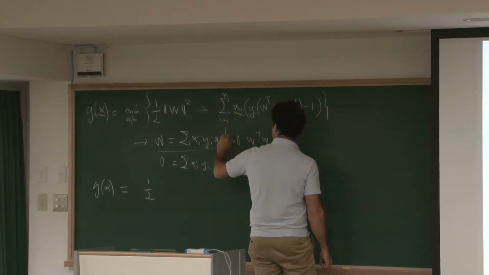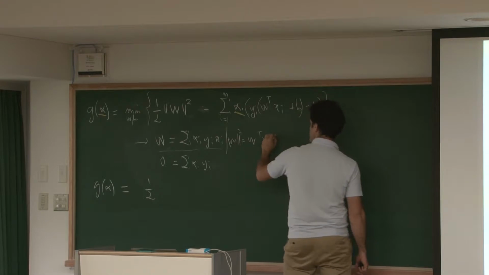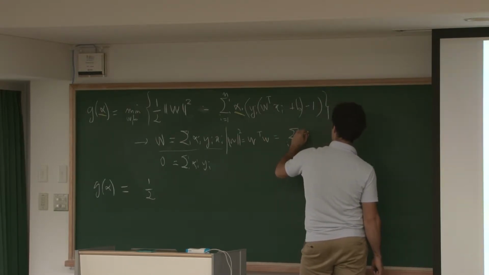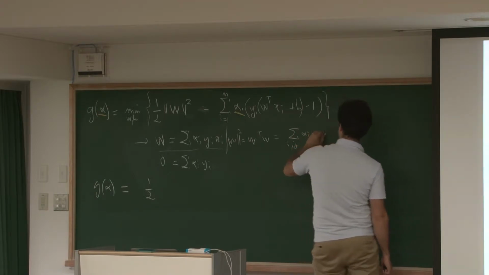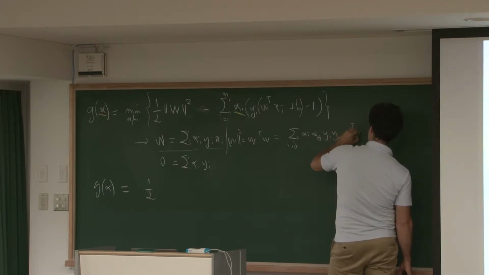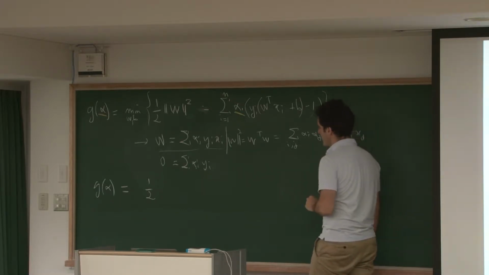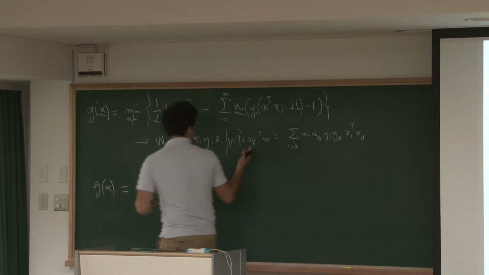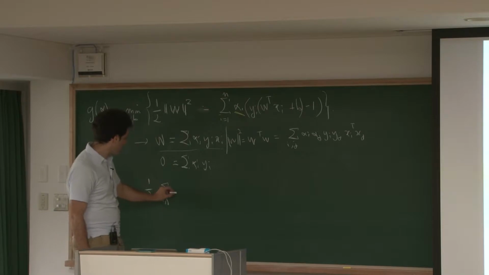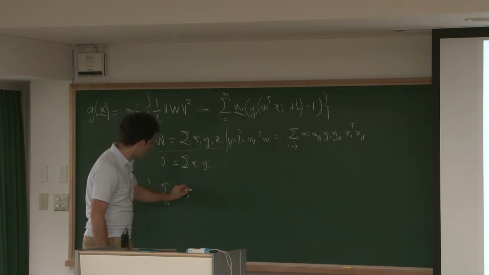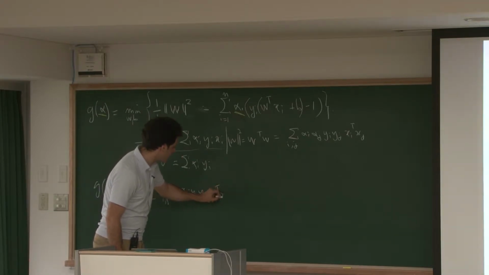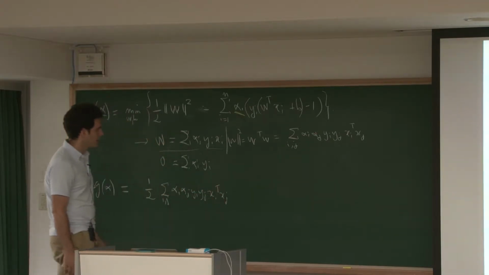So the norm of W is equal to W transpose W, and that's just the sum over i, j of alpha i, alpha j, yi, yj, xi transpose xj. So I'm going to have this big term here, alpha i, alpha j, yi, yj, xi transpose xj.